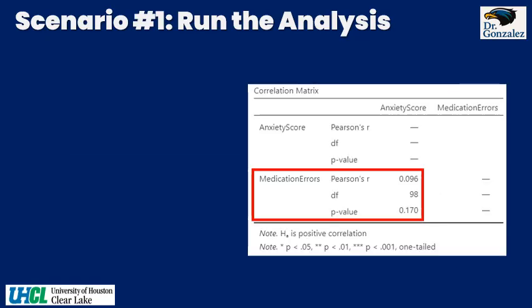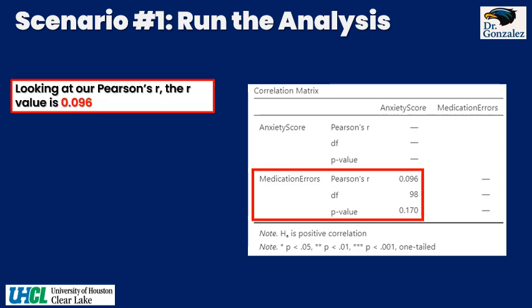So if you scroll up, your correlation matrix up there is going to tell me the correlation between med errors and anxiety score. And I'm going to evaluate it first like we had calculated this by hand. If we calculated it by hand, we would have got that our Pearson's R was 0.096.